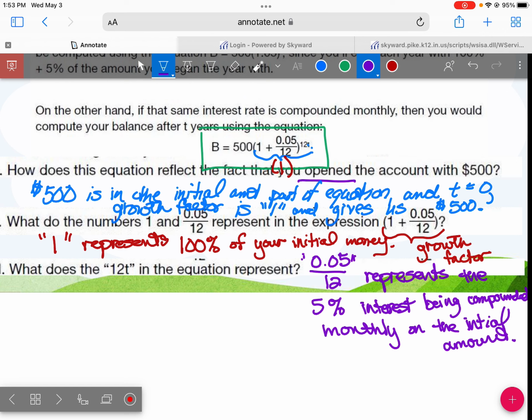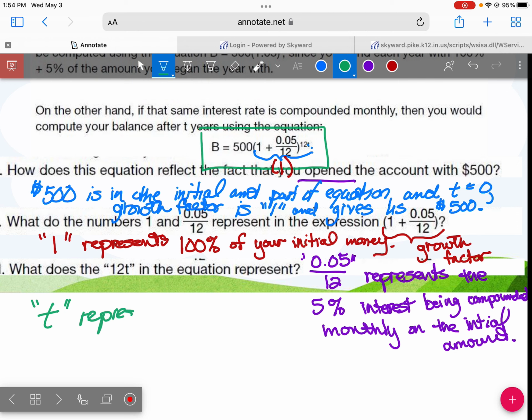And finally, what does the 12T in the equation represent? Well, let me back up. Let me ask this question. What does the T represent usually?